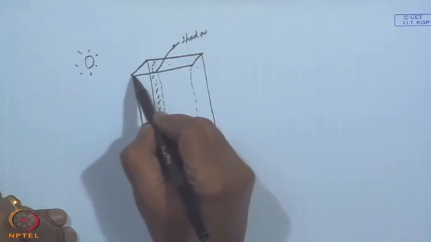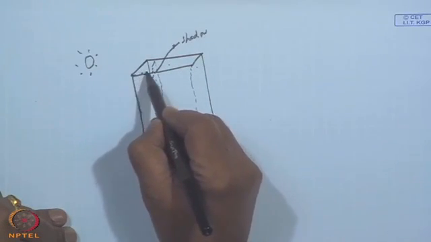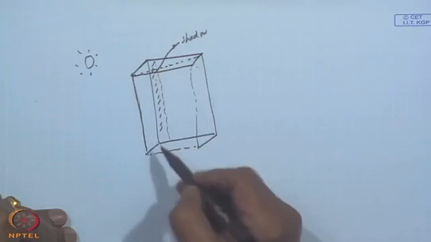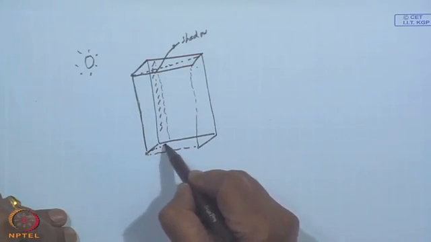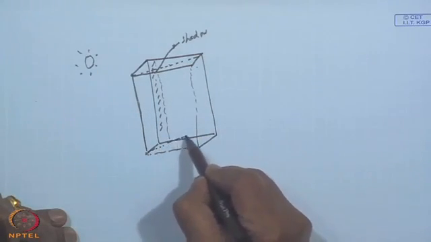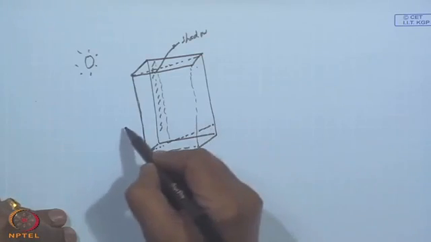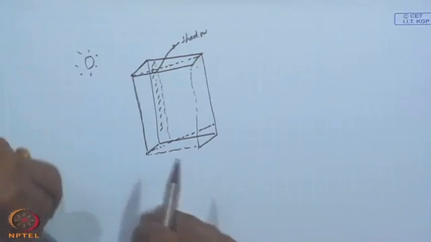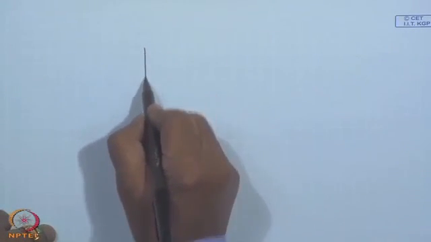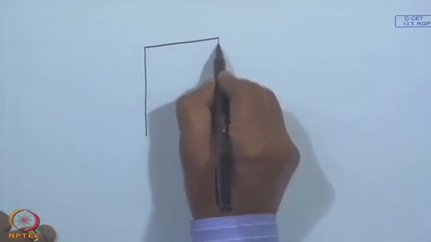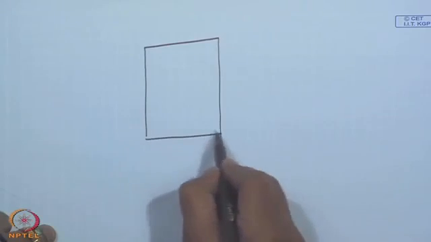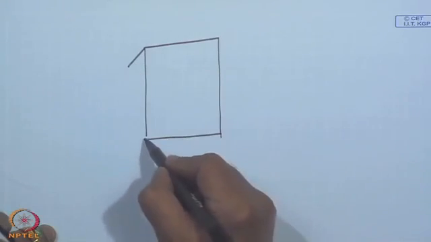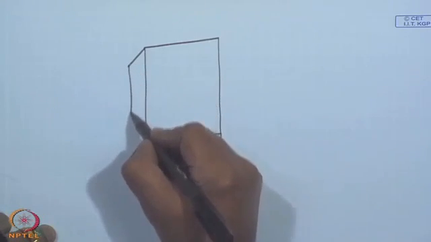And now a similar concept can be extended. You join one edge of the wing wall to the base of the window on the other side, and let me show only one of them, so that it will be clear. So, this is your window, and this is your wing wall.